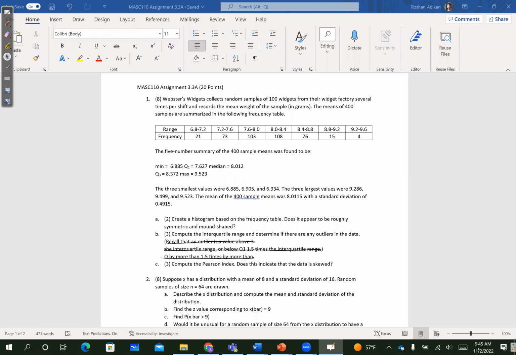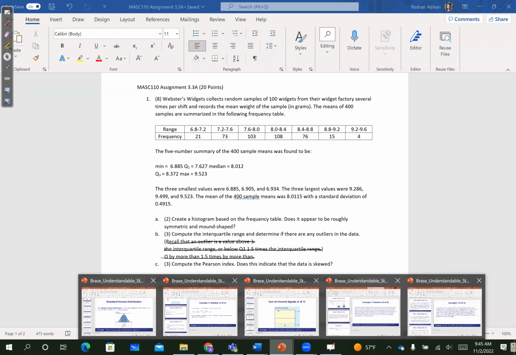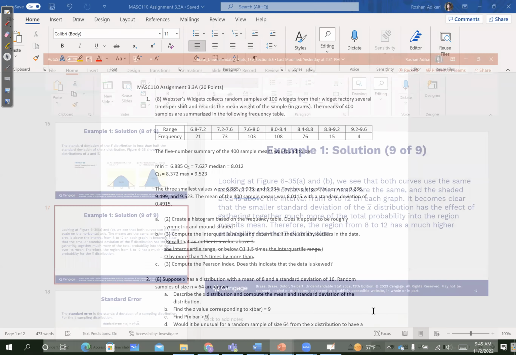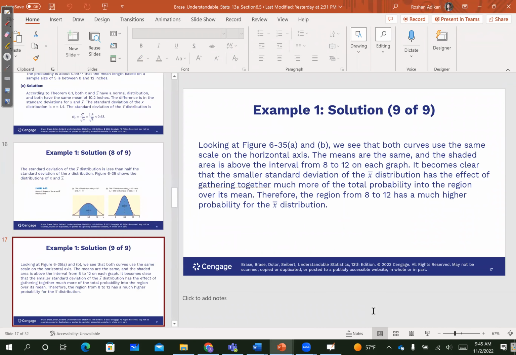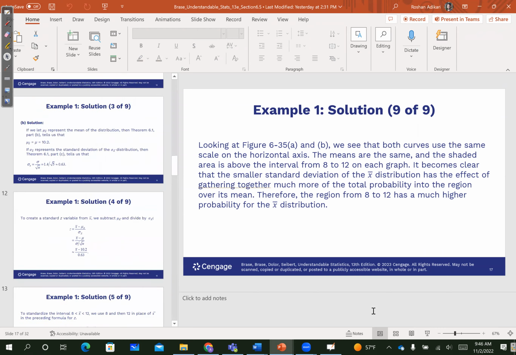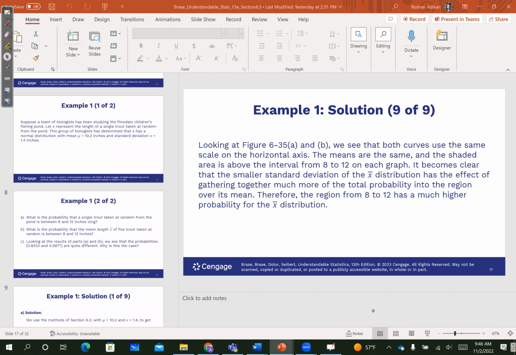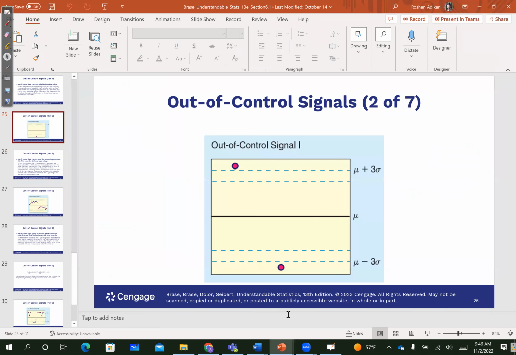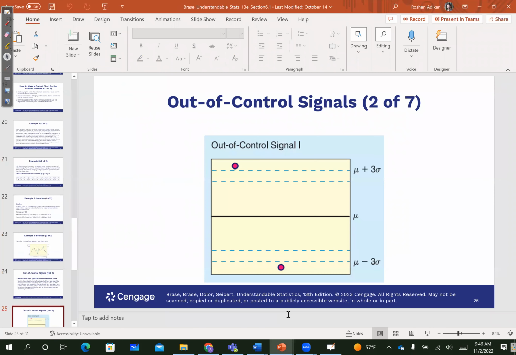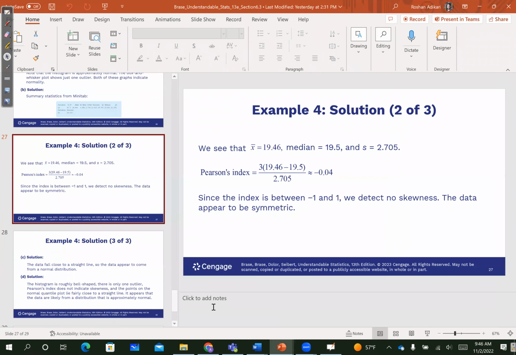Now, Pearson index, and that is, I think, let me see, Pearson index was somewhere. Nope. Maybe 6.3. No, let me see, maybe here.